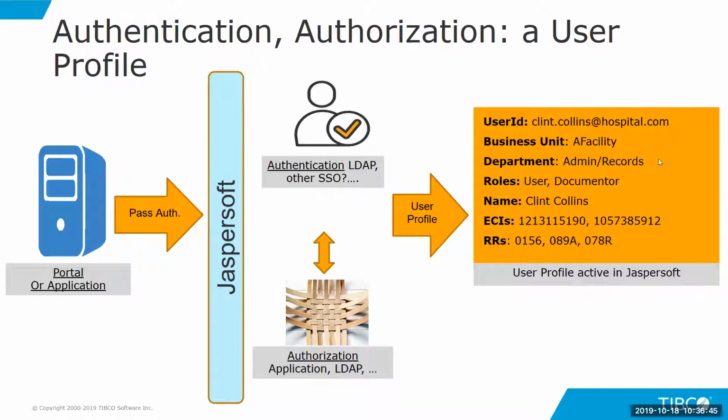So the sort of things I've got here is business unit as the tenant, and maybe there's a sub department. There are roles, which can tell you a bunch of things about what people can see and do within Jaspersoft. There's a name, and there are things that are not directly related to bike share, but maybe there's additional information that can be used within the security mechanism.